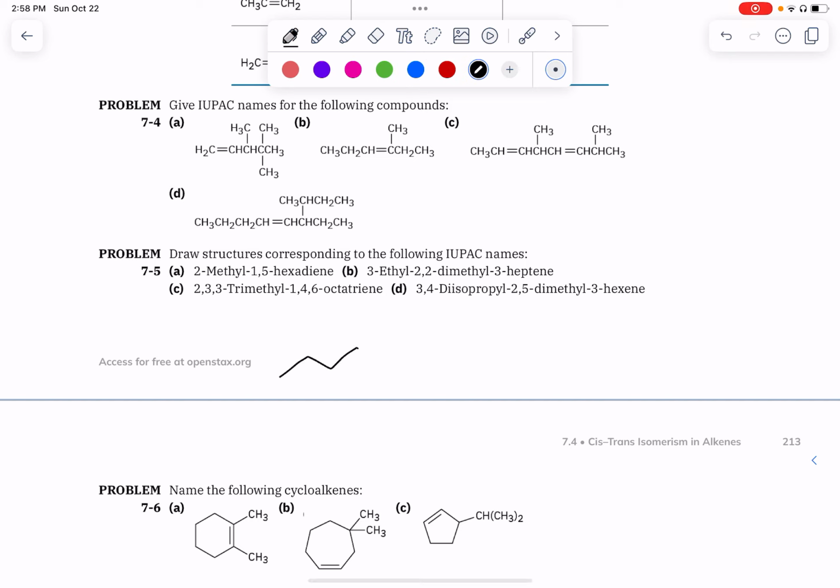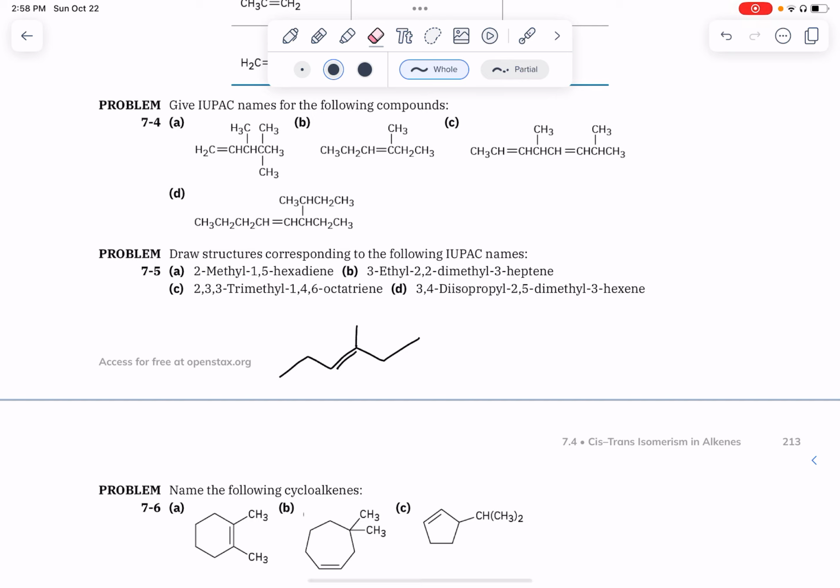Looks like the double bond is between the 3 and 4 carbon on my numbering. This is just arbitrary numbering here. So I would say it's about right here. And then on the 4, we have a methyl substituent.